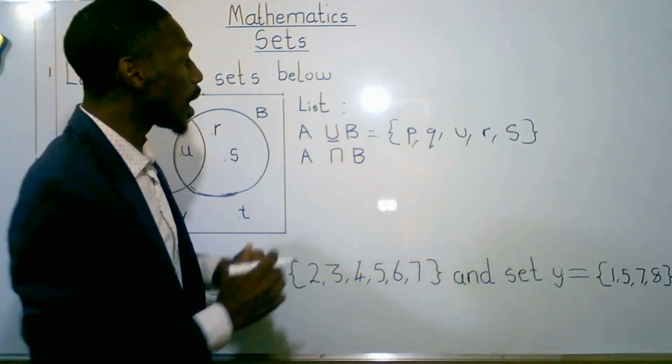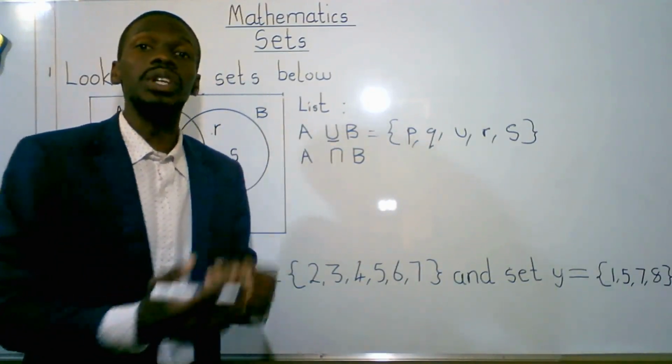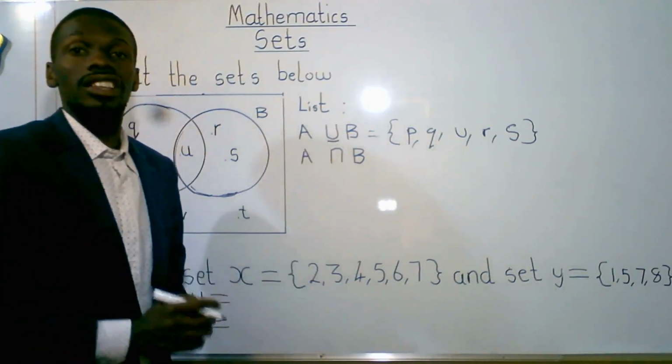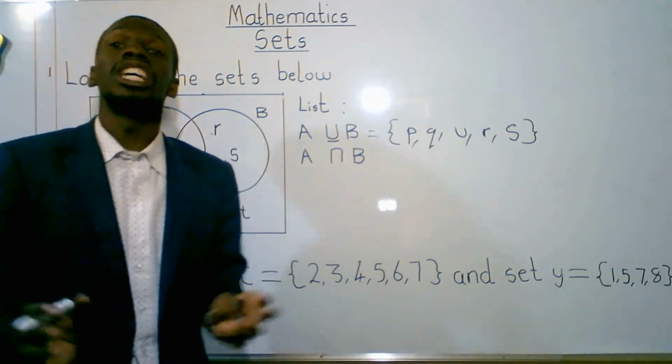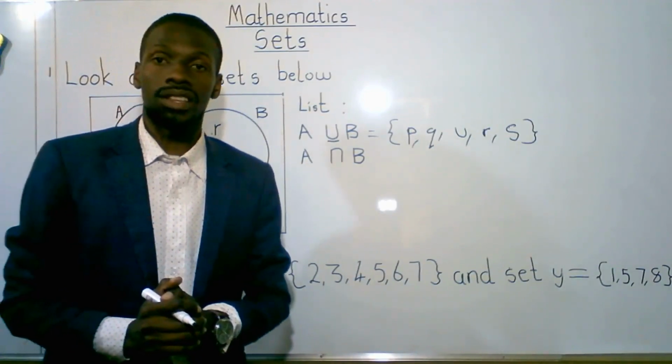So whenever you come across a question asking you to list the union set with the symbol U, they are asking you to put together the elements that are in the given sets.